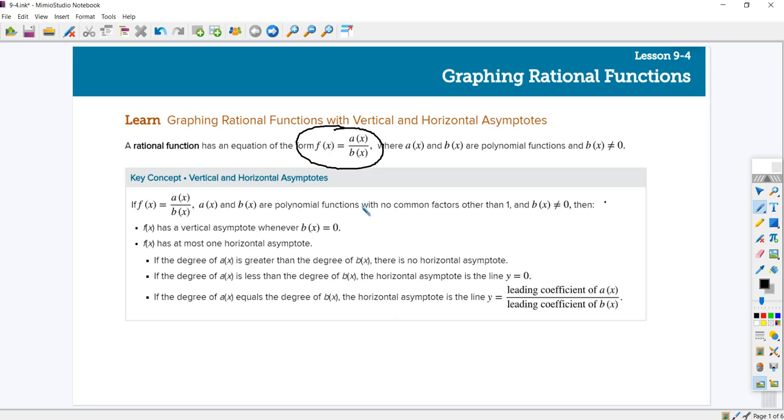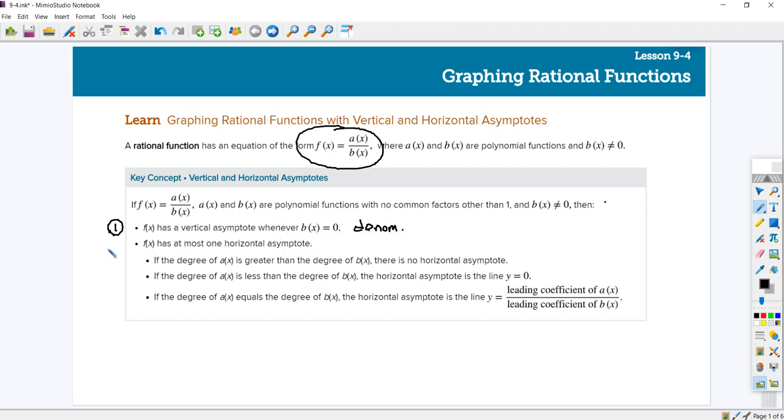If you are looking for the vertical asymptote, with something over something, numerator over denominator, top over bottom, you will just look at the denominator, set it equal to 0 and solve for it.